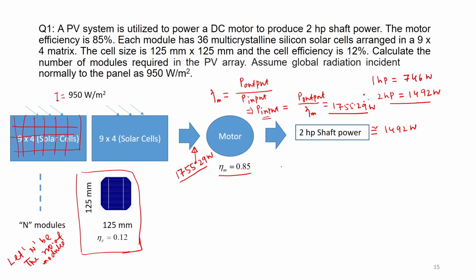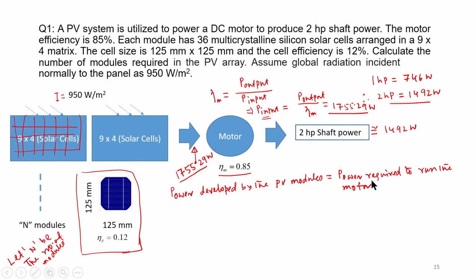So, what we can write here, the power developed by the PV module or modules is equal to the power required to run the motor.